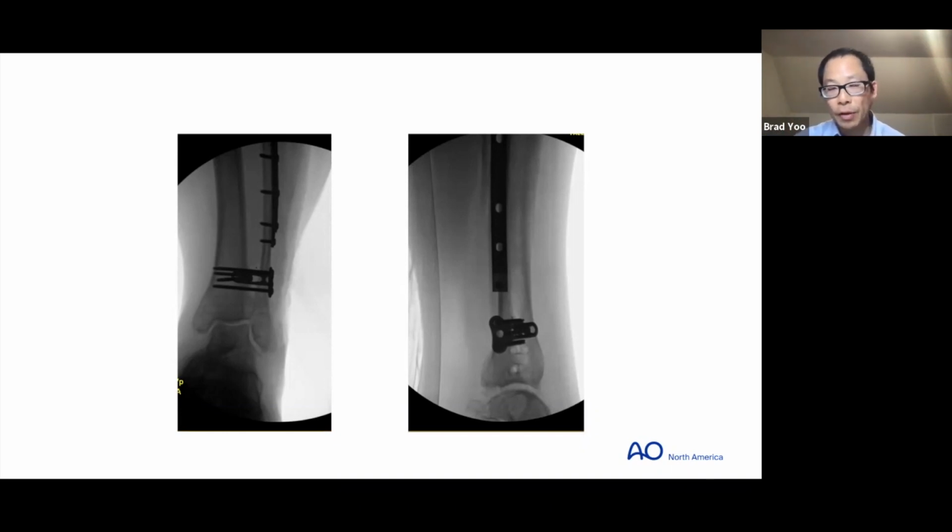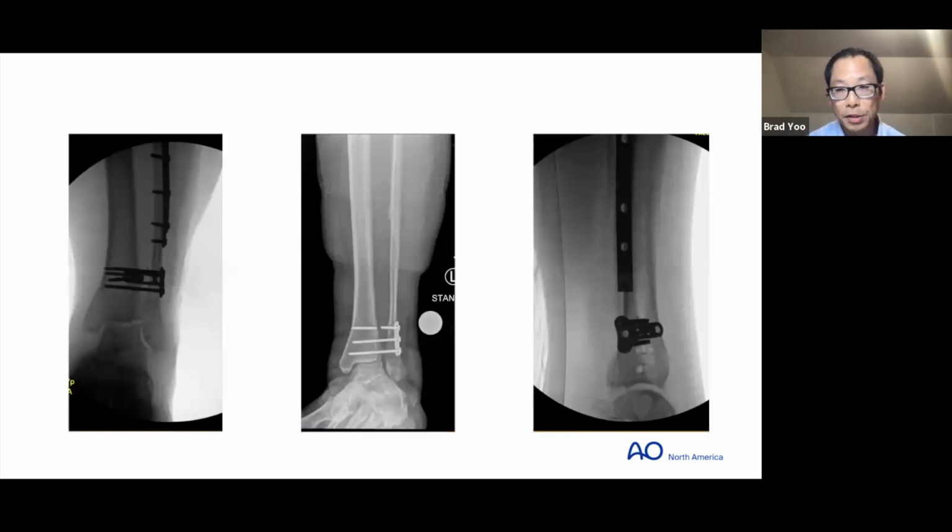I think this is a very powerful way of holding this reduced, and that ultimately was the fixation that we gave the patient. You can see that we've restored her anatomy.